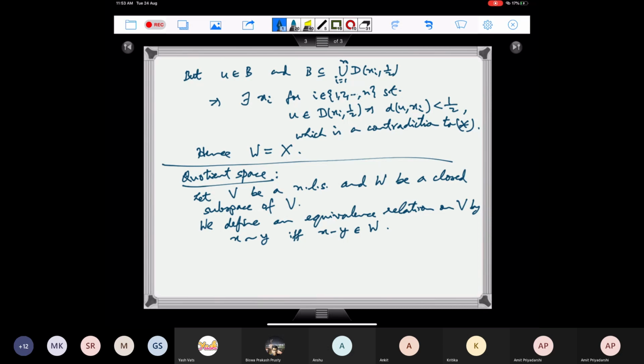Then you can check that this is an equivalence relation.